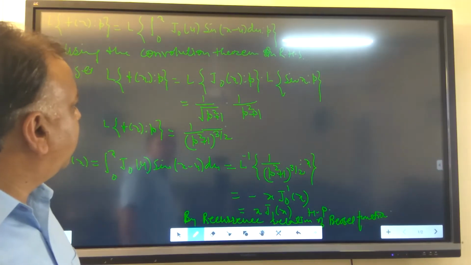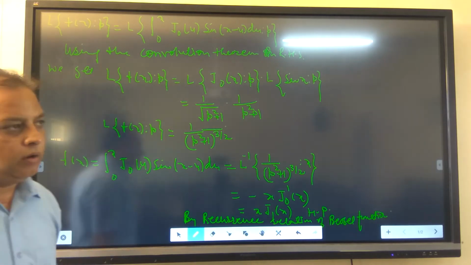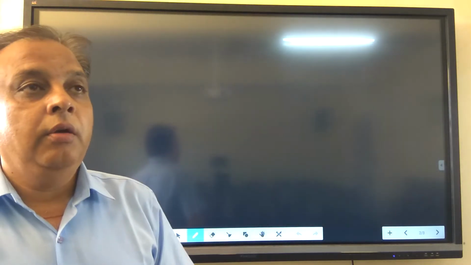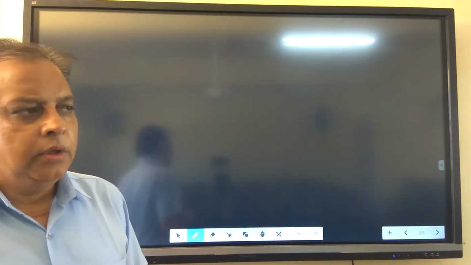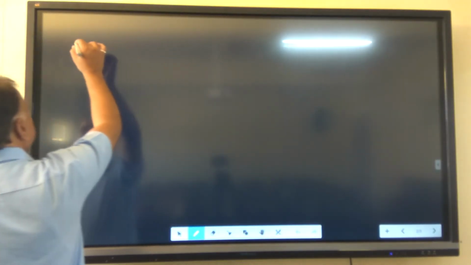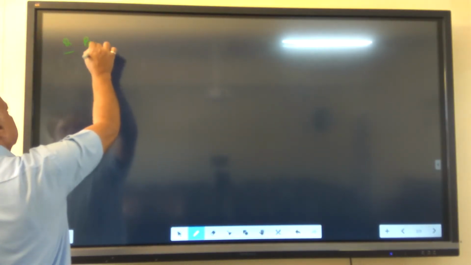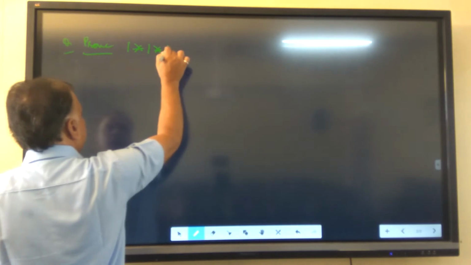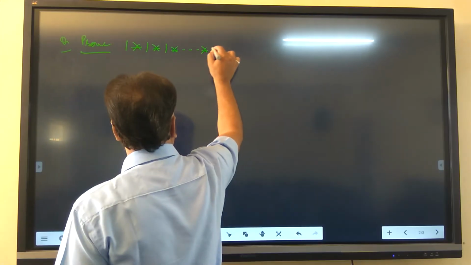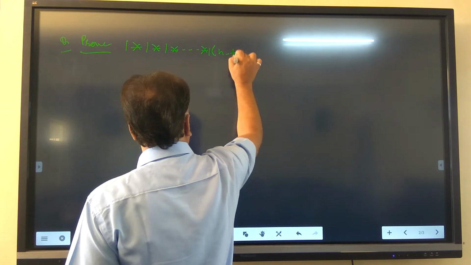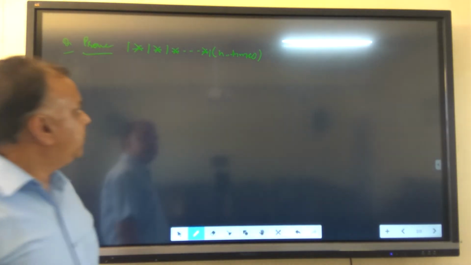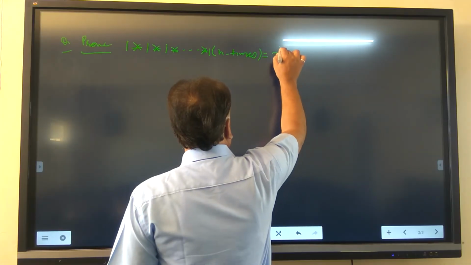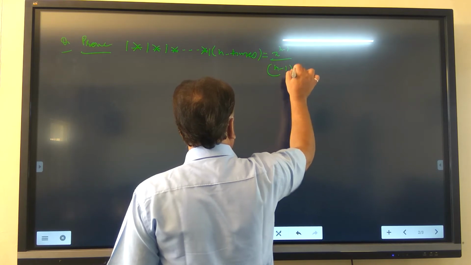So we have used the convolution theorem and we calculated the value of the integral. Now we have to find the convolution of some functions. First we have to prove that 1 star 1 star 1 star 1, n times, is equal to x raised to n minus 1 upon factorial n minus 1.